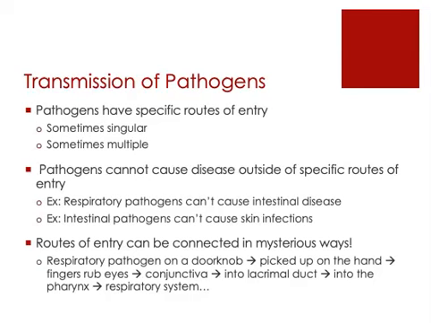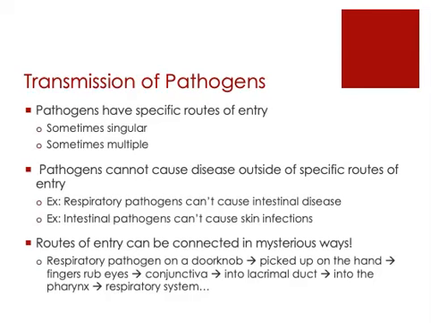It's important to remember, though, having said all that, sometimes routes of entry can be connected in very mysterious ways. For example, imagine a respiratory pathogen. A person who's infected with this respiratory pathogen coughs into their hands, and their hands become covered in that pathogen.